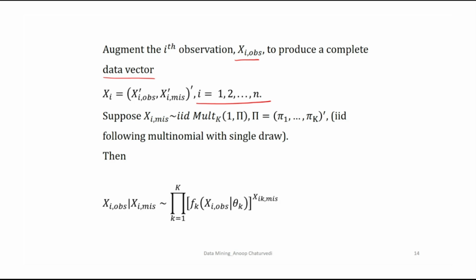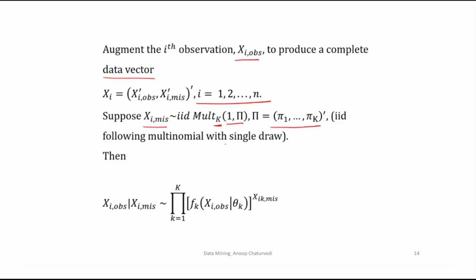Now, suppose x_i missing are IID multinomial distribution from K classes, multinomial(1, pi), where pi is equal to (pi 1, pi 2, ..., pi K).